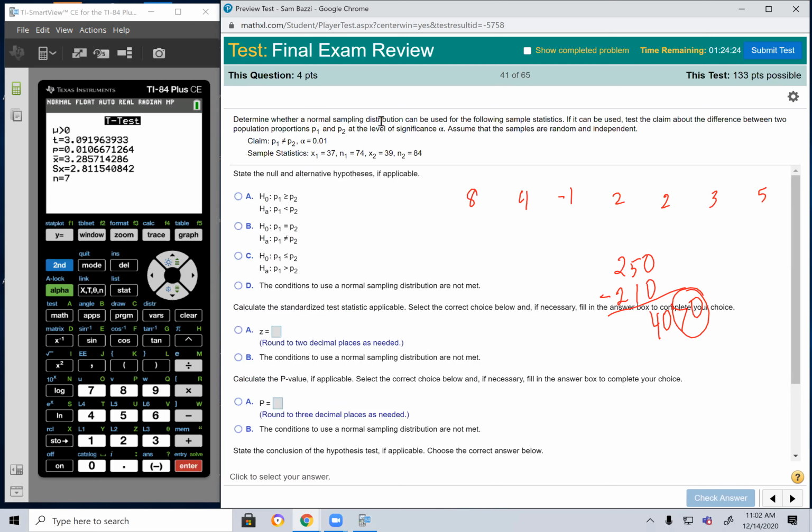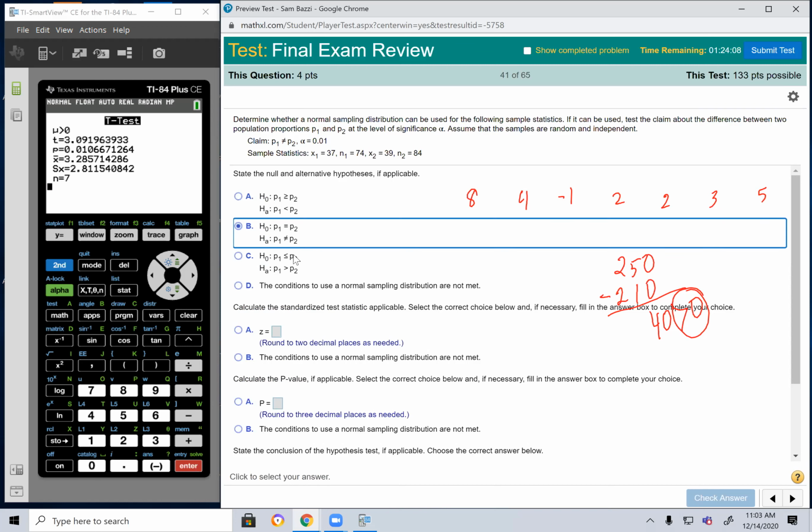Assume that the samples are random and independent. Okay, so we need to test the claim that P1 is different from P2. And you guys agree with me that it's going to be this one. P1 equals P2, P1 is different from P2.